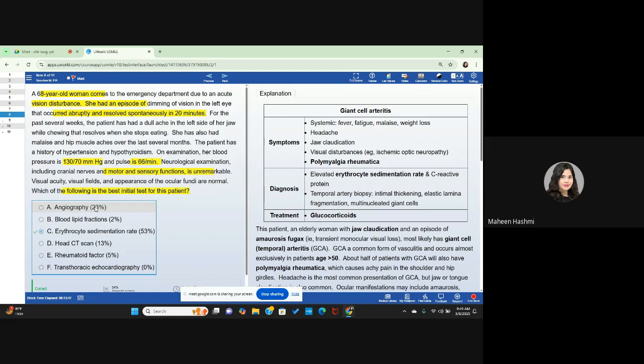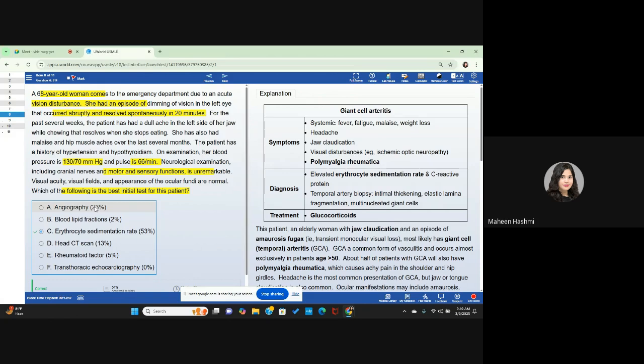For example, when you have carotid artery stenosis and you are having transient vision loss, that's also called amaurosis fugax. So you do a carotid angiography of the neck, or in advanced USMLEs they ask about MRA, that's MR angiography.